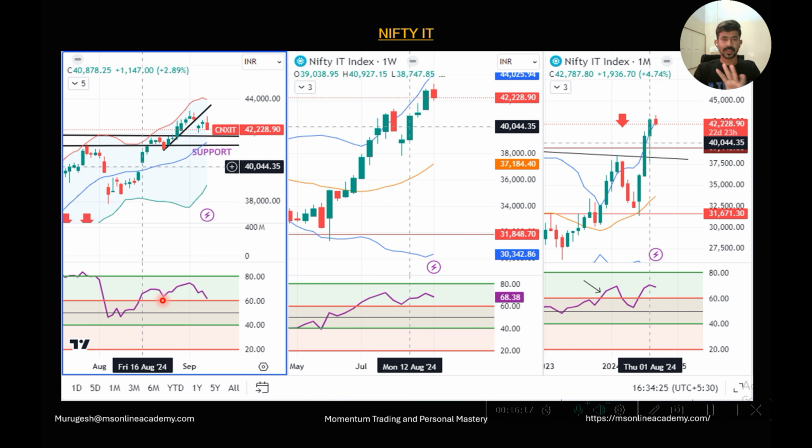Nifty IT. As we discussed, this is the one sector that is still holding RSI above 60. And if it is taking support from the 60, then we can call this an advanced TWM, that means RSI above 60 in all the time frames. Understand?